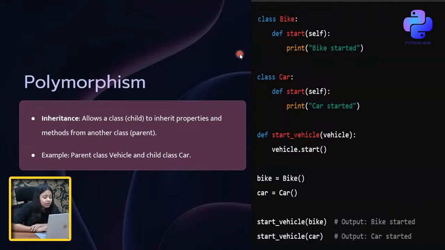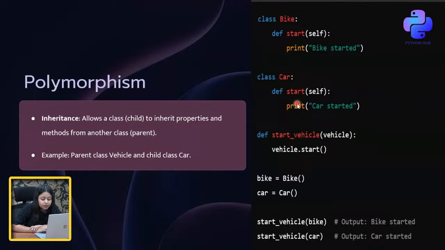It allows the same method to behave differently depending on the object. Again, let's go with an example. Both cars and bikes can start. That is, I'm talking about a start method. But they might do it in different ways.